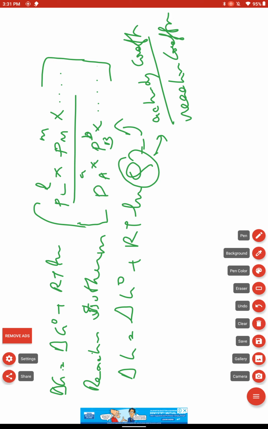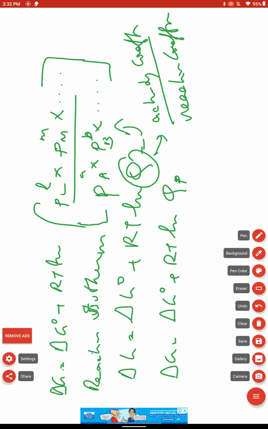Means in terms of pressures, of both the product and the reactants. If we write in that way, delta G becomes delta G0 plus RT ln QP.